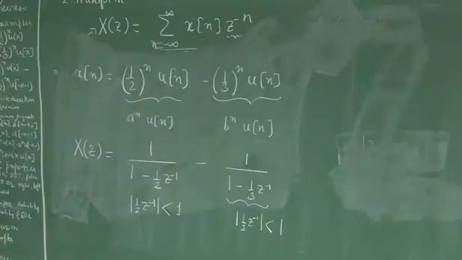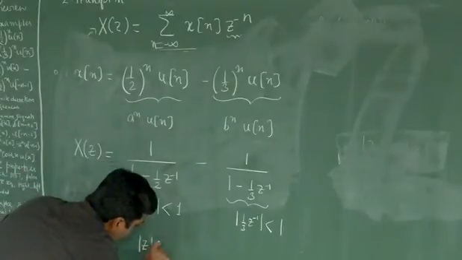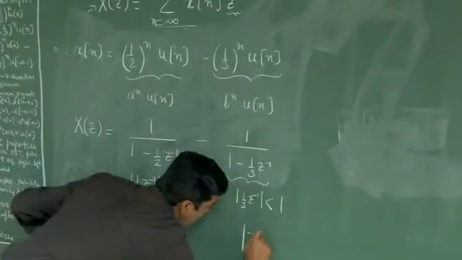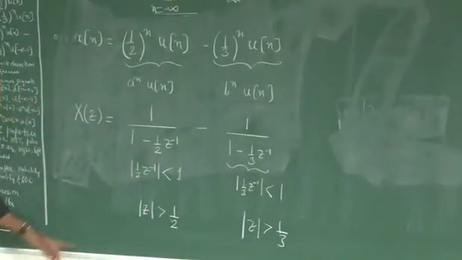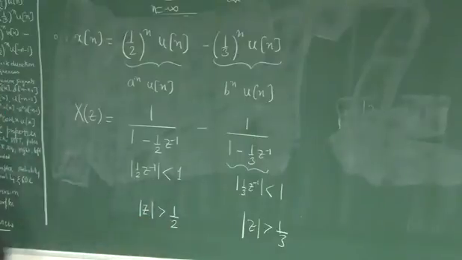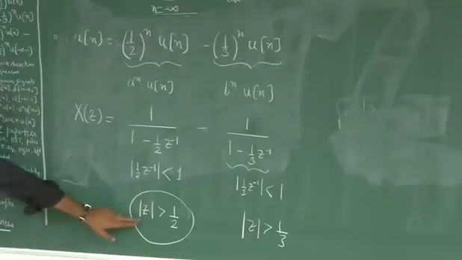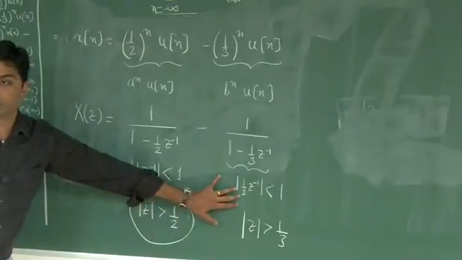So what does this imply? This implies that my... right. So which is the bigger circle of these two? This thing, right? So it means that if my Z satisfies this condition, it's automatically going to satisfy this condition, right? Is that clear? Right?